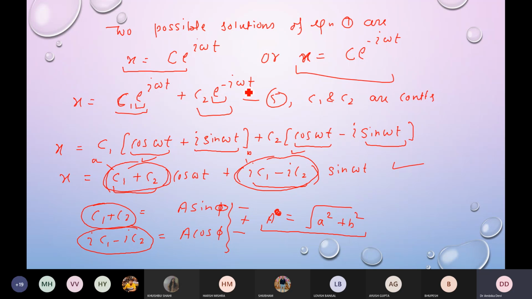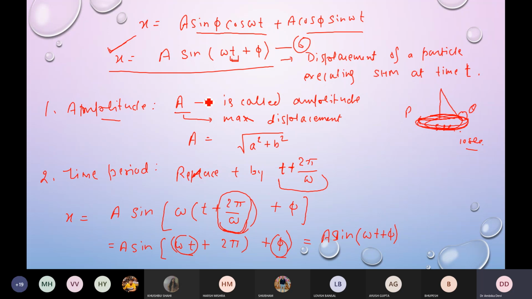Then by simplifying this solution, we got a simplified solution, and this x gives you the displacement.